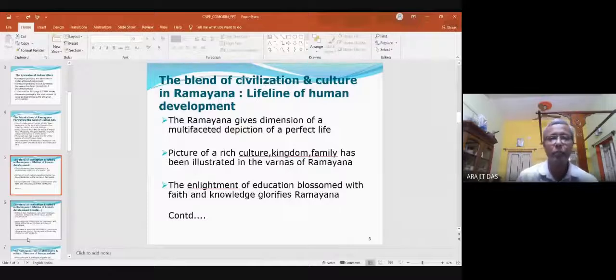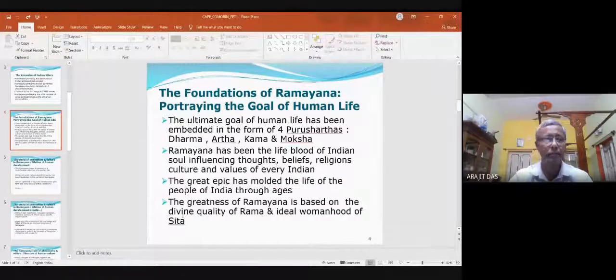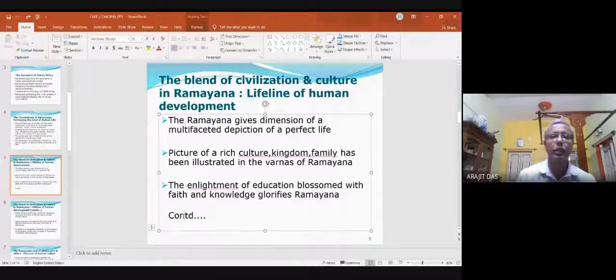Now we come to the next point, the blend of civilization and culture in Ramayana, the lifeline of human development. The Ramayana gives a multifaceted depiction of a perfect life.